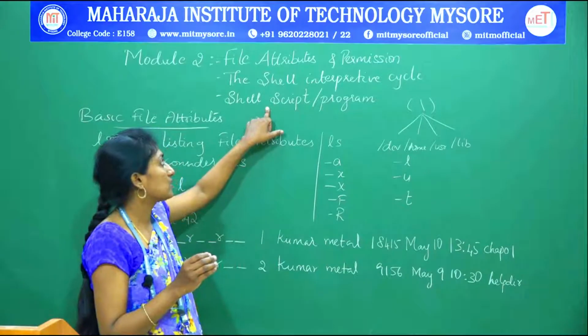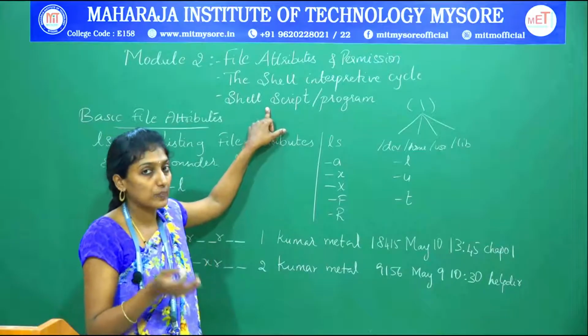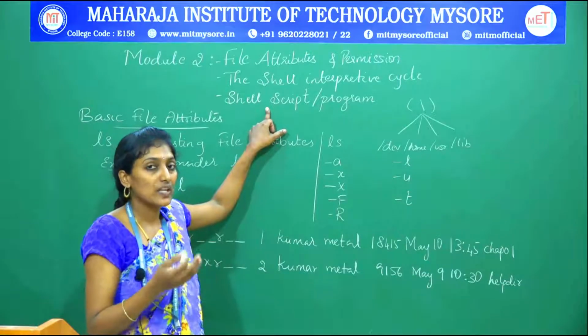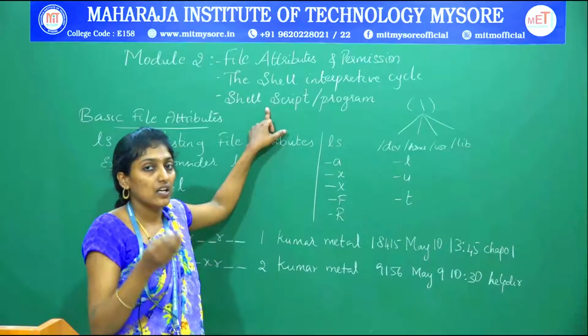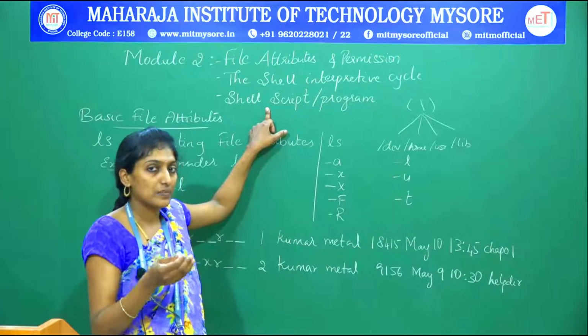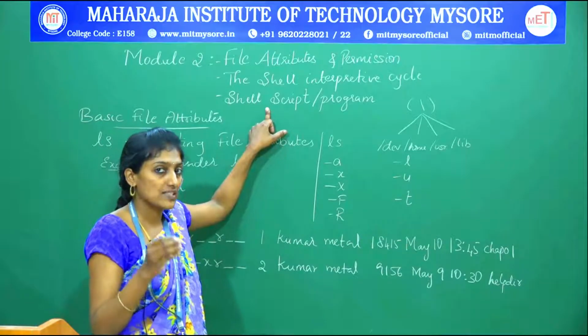Next we are going to discuss shell scripts or programs, which means that in the third chapter you will understand all the basic programming concepts for writing or designing a shell script itself.